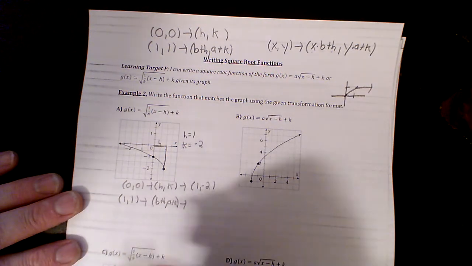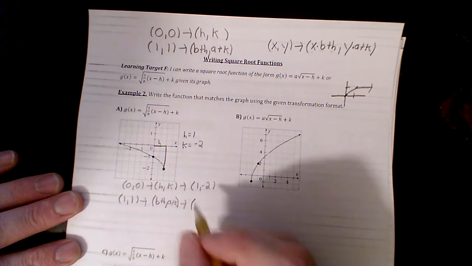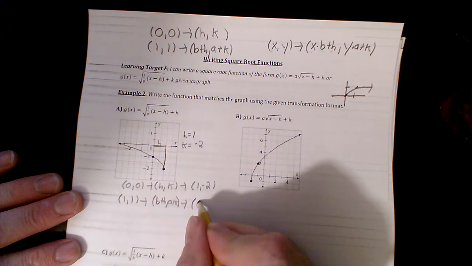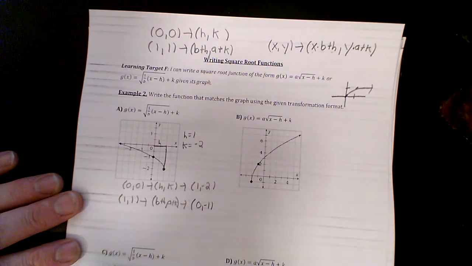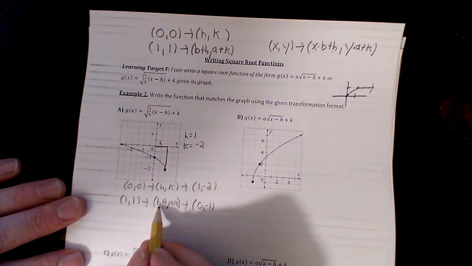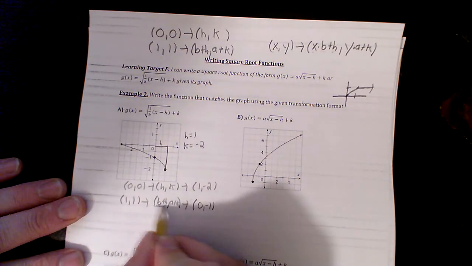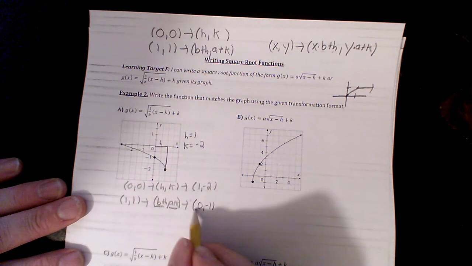So, let's see what happened to 1, 1. 1, 1 went to, if we look at this point, 0, negative 1. So here we go. If I write these separately, look what happened. To get 0, I had b plus h. Let's do the a plus k as well.